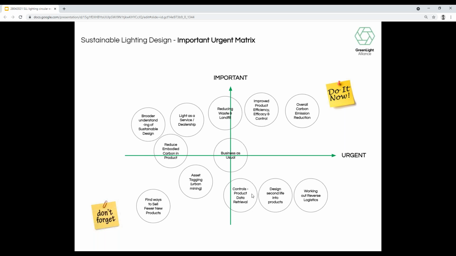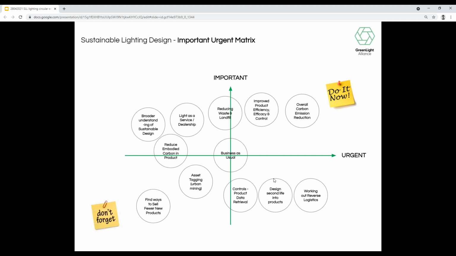And then controls, data retrieval from products. This was mentioned, I think, by Steve, and it's about getting feedback from the information within the products. Once you retrieve them, you can see what type of life they had, how hard a life it was, and how many hours they've been run for, and then perhaps make a decision on what their resale value might be, or what they can go into next in terms of a project.